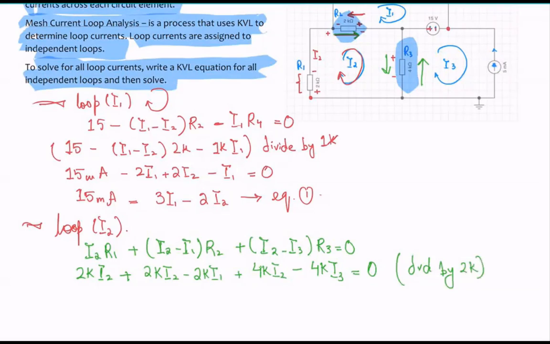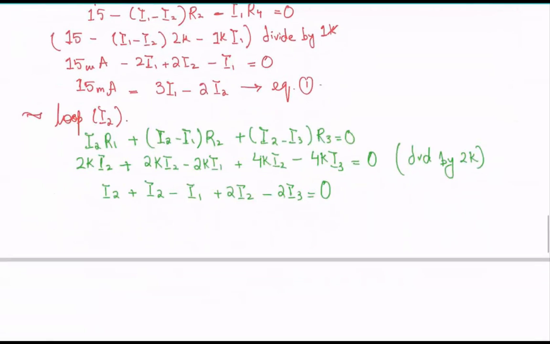Okay, so if I do that, I get I2 plus I2 minus I1 plus 2I2 minus 2I3 equals 0. Okay, and if I rearrange this equation, I would get what?